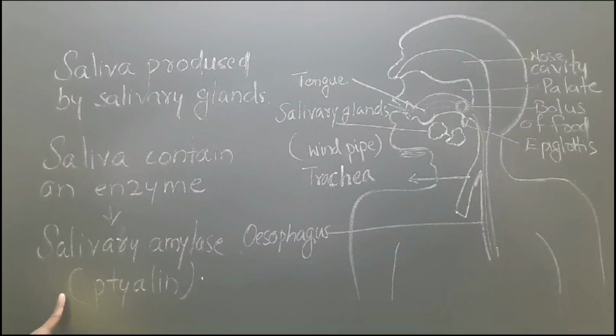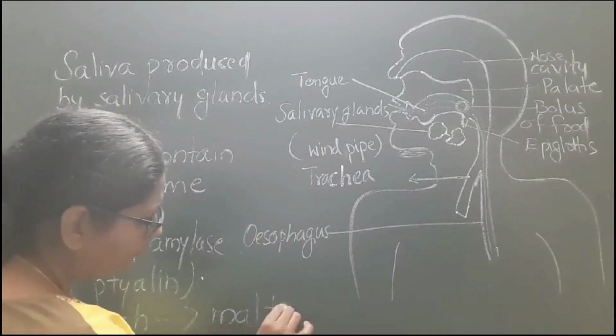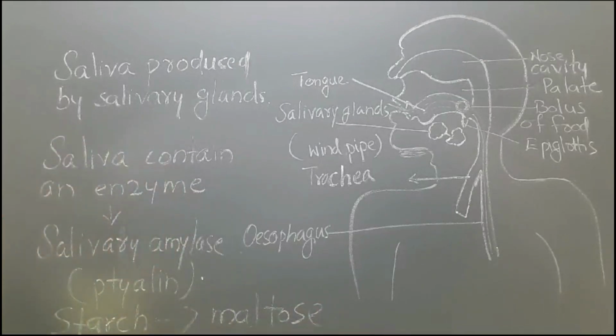This salivary amylase converts starch into maltose. Salivary glands produce saliva. This saliva contains an enzyme called salivary amylase or ptyalin. This converts starch into maltose.